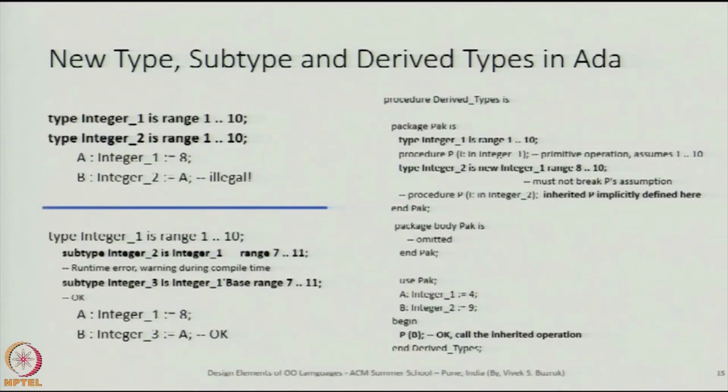This is a derived type. This is not an inheritance as such, but this is a derived type. And you can see here that you can call P on the new type, which is perfectly fine, though I have not defined it. This is a comment by the way in Ada. Though I have not defined it, I can still call P because P is defined for integer 1 and integer 2 is derived from integer 1.